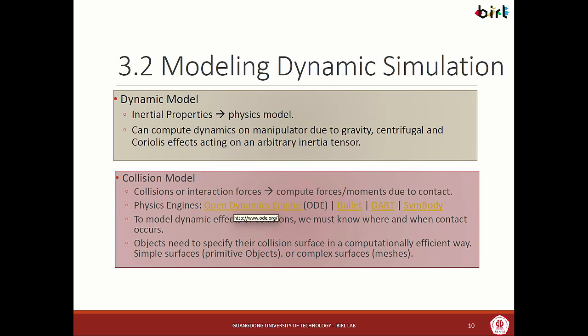This one uses ordinary differential equations. This one uses conservation of momentum. This one works well for short duration contact, but not well for long duration contact. Things like that. So if you care a lot about these things, you need to have a good insight about how the engine works and which one might be better for you.